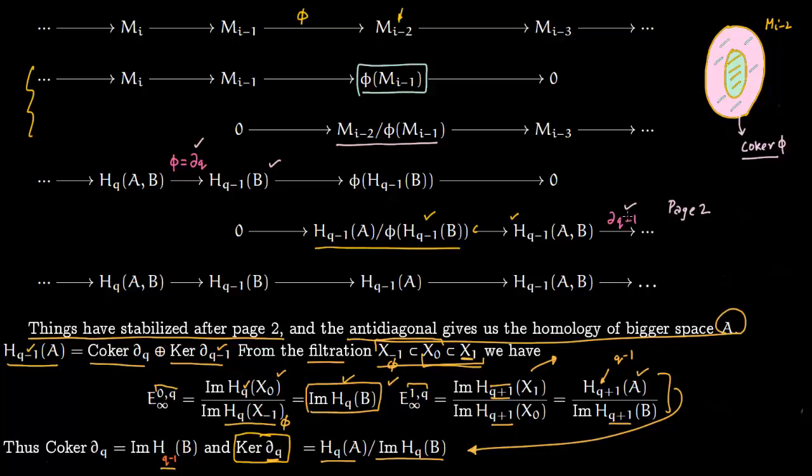Put q minus 1 here, and you will get this formula. Instead of q, you have q minus 1. And here you are just writing this. So now obviously you can glue these together. If you glue these together, you get M_{i-2}. You glue these together, you get this HQ minus 1 A. And that's how you get your long exact sequence.